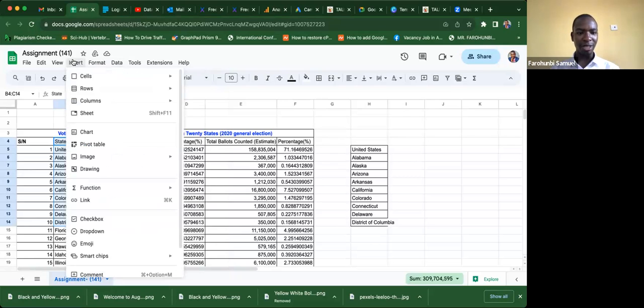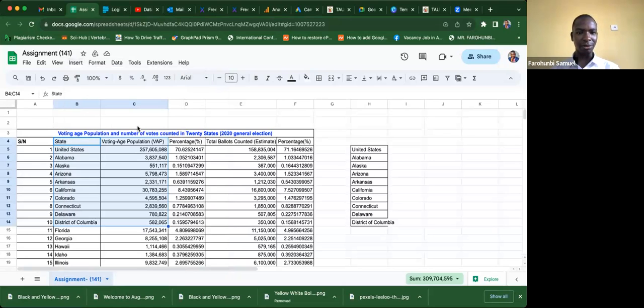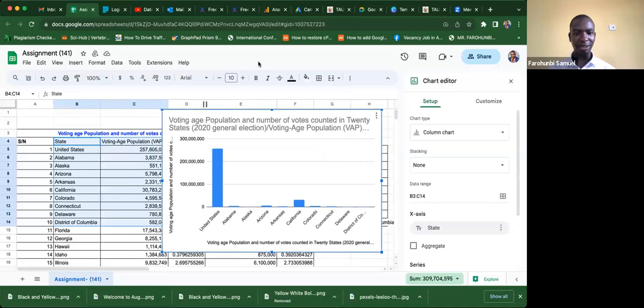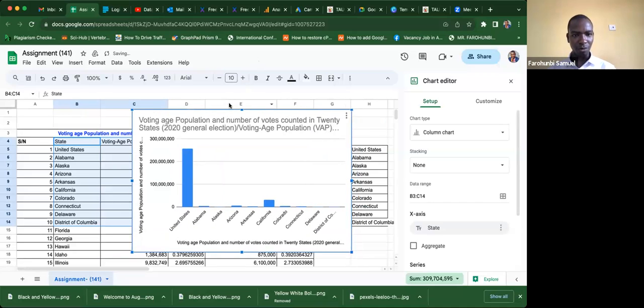So you go to Insert, and then you go to Charts. And then it's going to display for me the different types of charts that I want for this data. So here I have this data presented already in a bar chart. This bar chart, let me explain the properties as I've explained before.